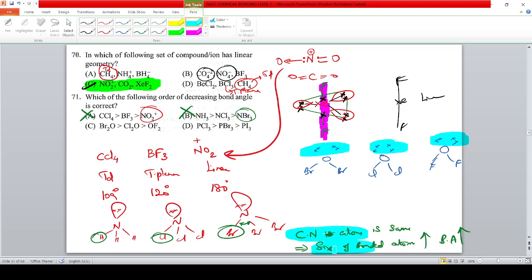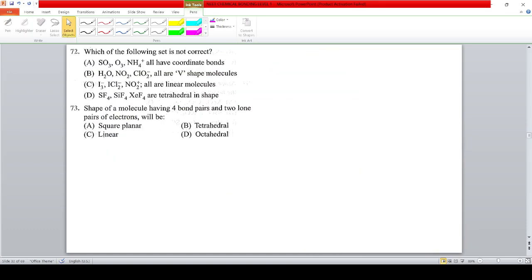That means if the size of the bonded atom is greater, bond angle will be greater. So among bromine, chlorine, fluorine, who is bigger in size? Bromine is bigger in size, so this bond angle will be greater. So it is accordingly given. Fluorine is very small in size, so among the 3 angles, this will be a smaller angle. So the answer for the question is option C.